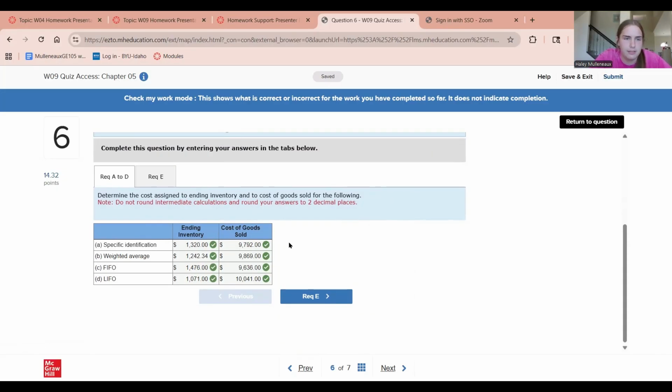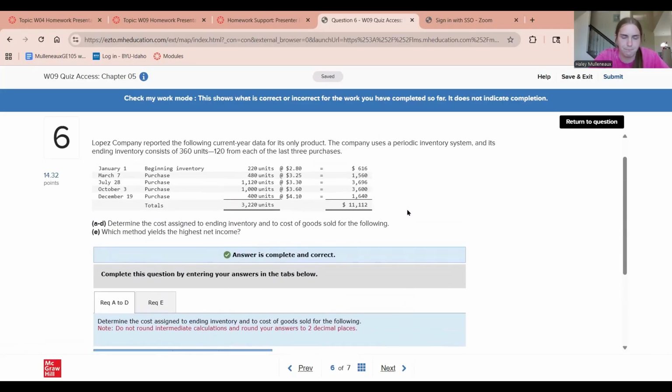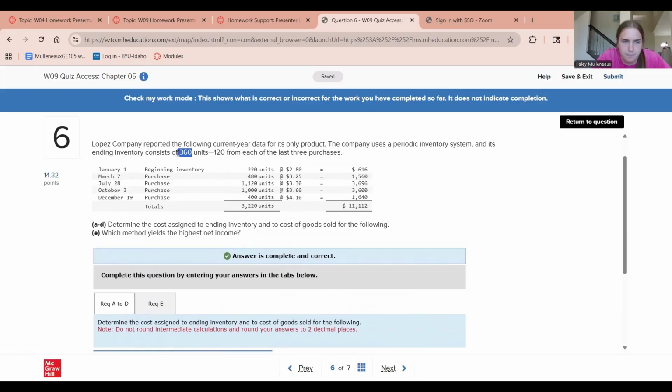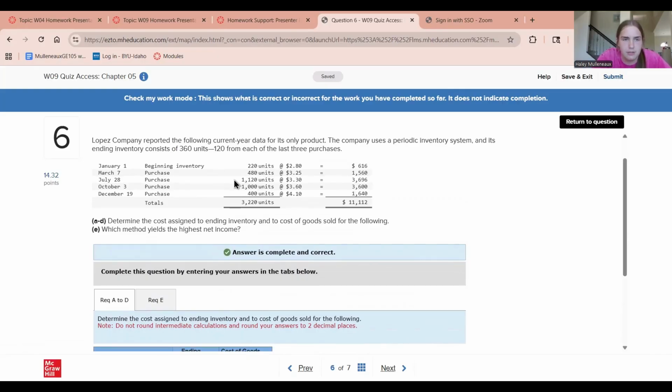Alrighty, and then moving on to FIFO, or first in, first out. For FIFO, we're taking 360 units from this last month, and we times it by 4.10. So 360 times 4.10.